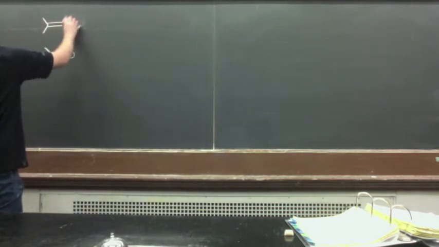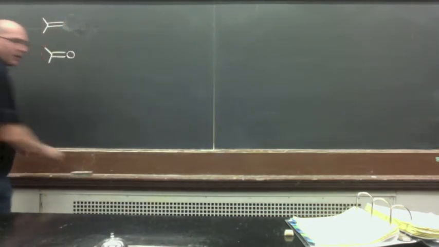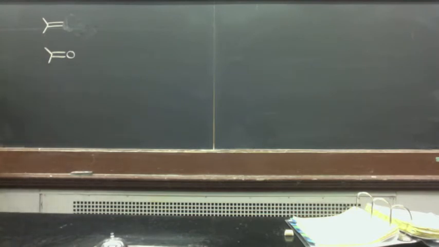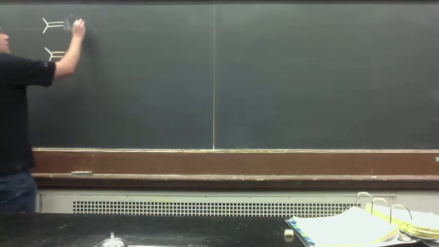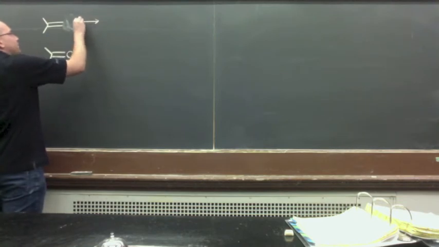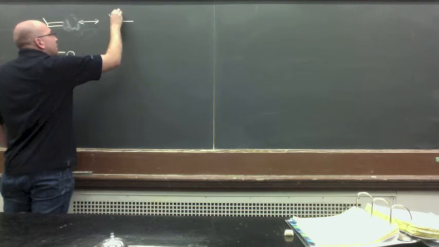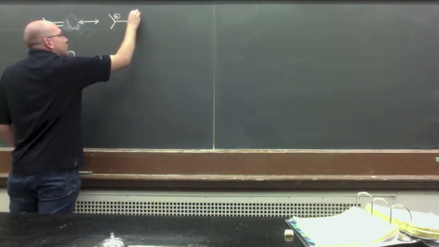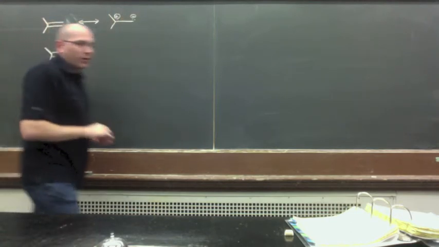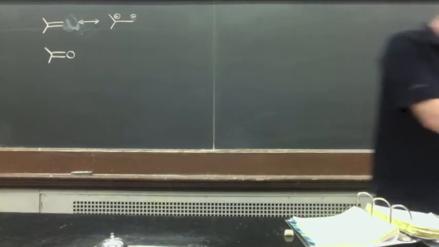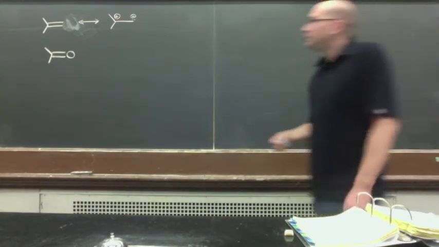So if I take this unsymmetric alkene that I've shown here, there's a resonance form that we can draw on this. When we talk about alkenes, we talk about a resonance form, and of the two possible resonance forms, one is perhaps more appropriate.